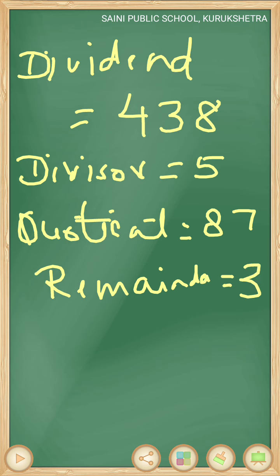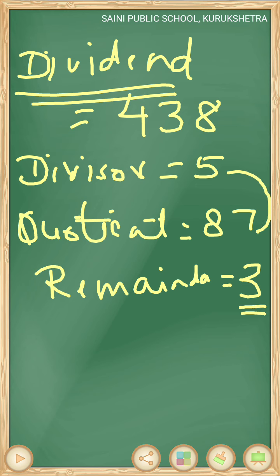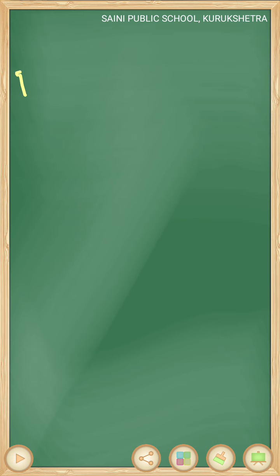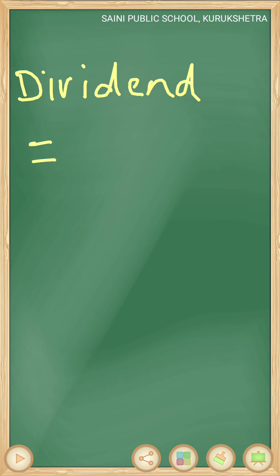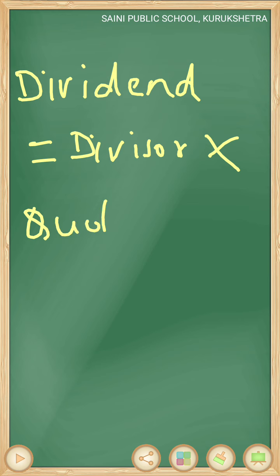Now we will use the division algorithm for checking our answer. What does the division algorithm say? That the dividend should be equal to divisor into quotient plus remainder.